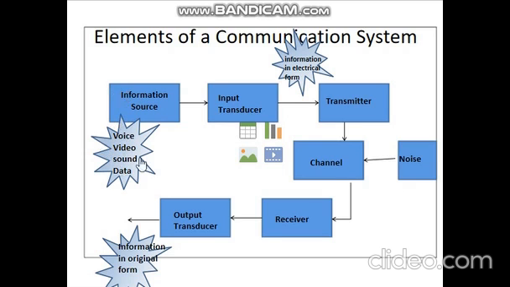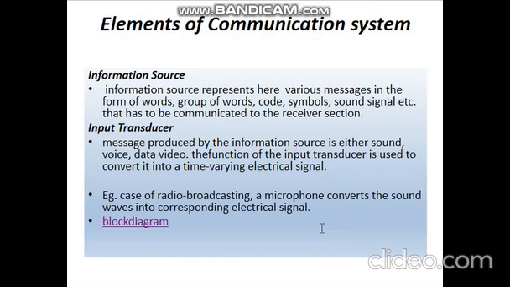The information source is first converted to an electrical form with the help of an input transducer, which converts sound, voice, or data to an electrical form. For example, in radio broadcasting, a microphone converts the sound waves into the corresponding electrical signal.